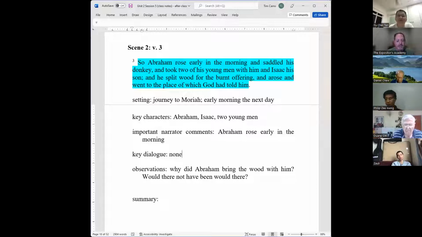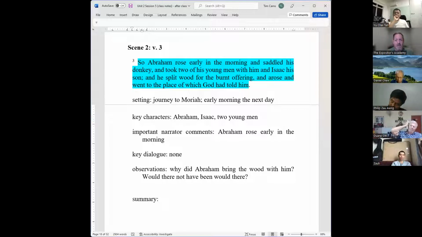There's no speaking here, which again, I think is interesting, that 3 days go by between scene 1 and scene 3, between verse 2 and verse 4, and the author doesn't include anything of what took place there. Was anything said? We don't know.